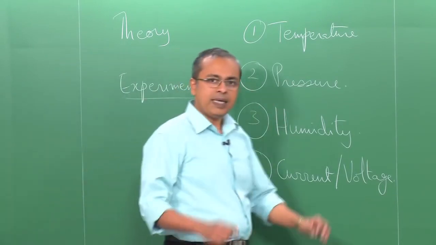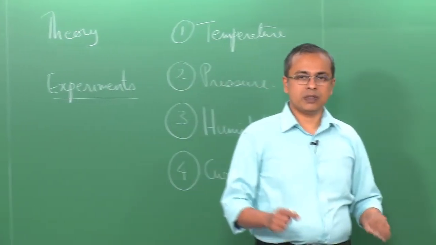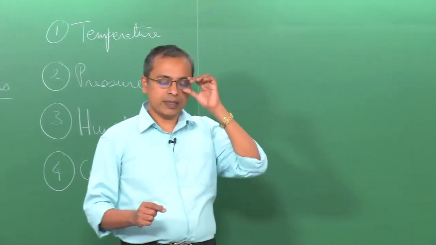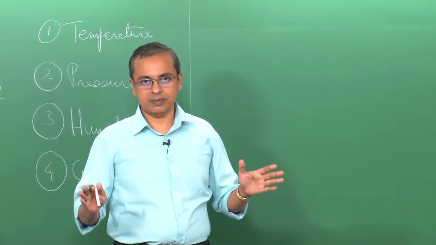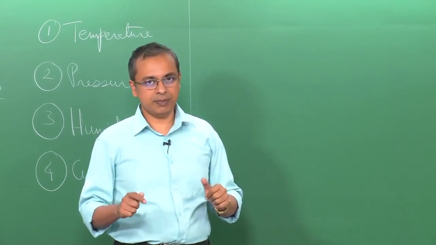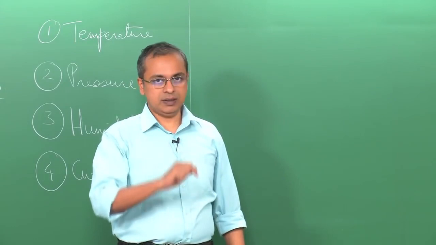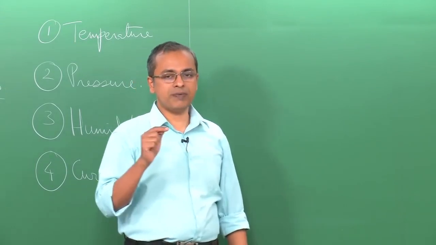Now, in many experiments that we do, commonly we will start by saying that the experimental setup was at some temperature. So, this is a common statement that we make. So, how do we know this, right? This is something we have to be very careful about.